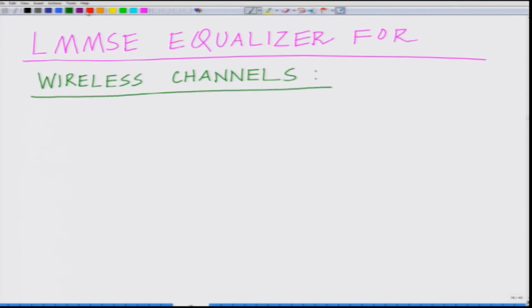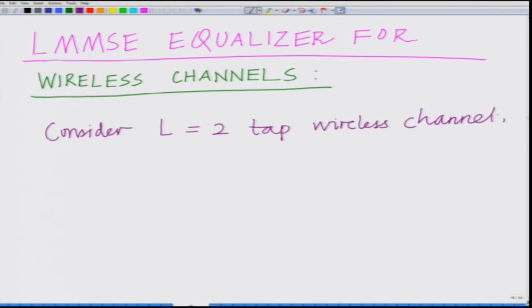Towards this end, if the number of taps is L, consider an L equal to 2 tap wireless channel.